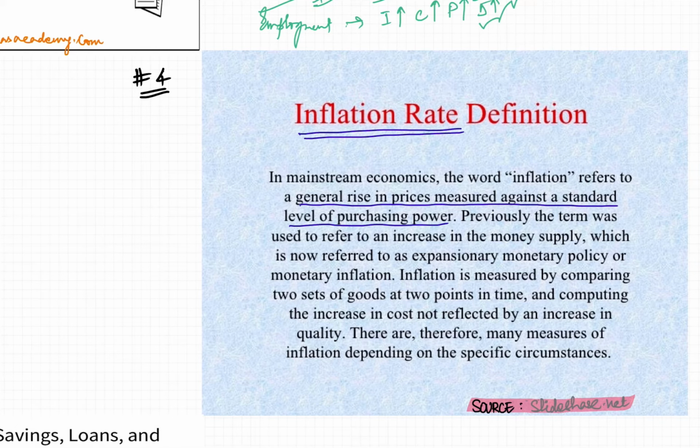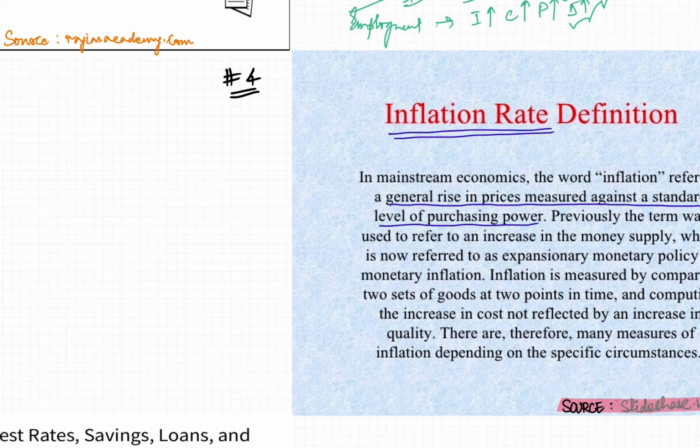Put simply, if I could buy two things for 10 rupees earlier, say in the year 2000, and now I'm not even able to buy one thing, forget about one thing, I'm able to buy only a quarter of a certain thing in the year 2020.